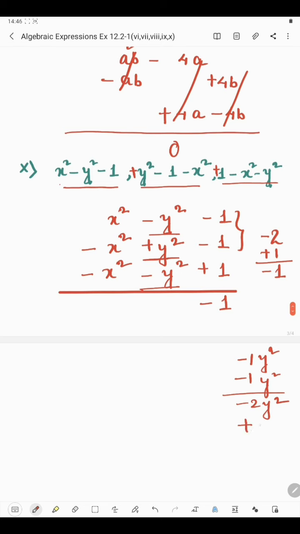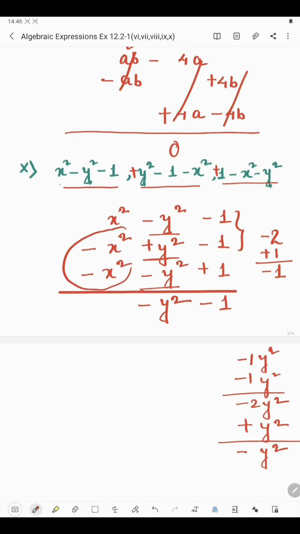That means if one is plus and another is minus, then we will have to do subtraction. So 2 minus 1, it's 1 y square, but we never write 1 y square, right? We'll write y square, and sign of 2 is greater here, so we'll have to write minus y square. Clear?